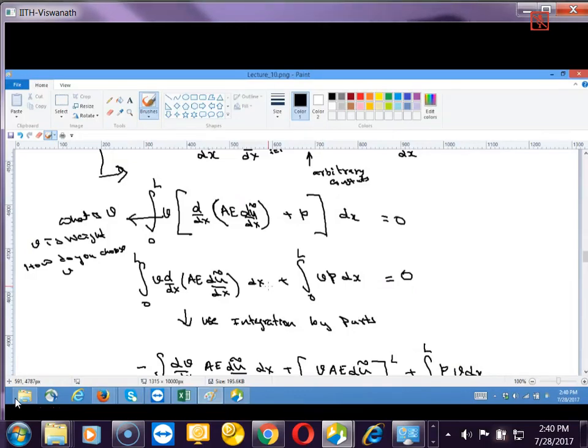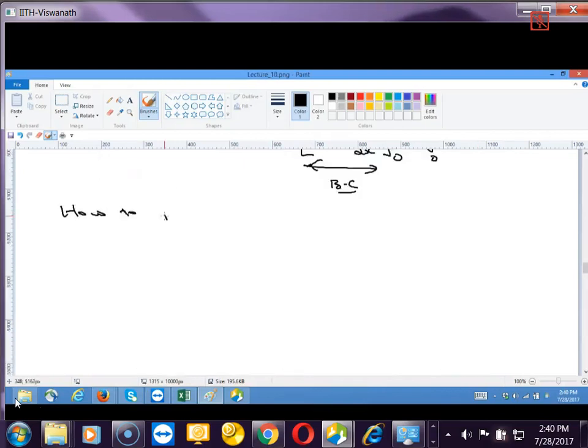At this point, let me rewrite it. How to pick V? For that, let's answer the question: what is the highest continuity requirement of U?